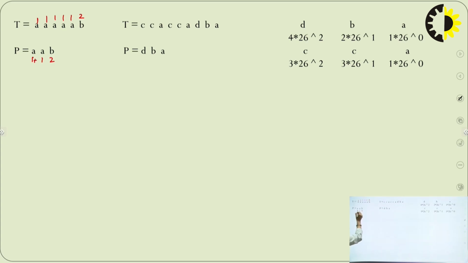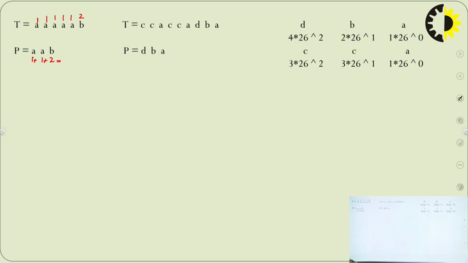First we calculate the cumulative sum of this pattern, that is, calculate the hash value. We have many different ways of calculating the hash value. We are doing addition as well as multiplication.